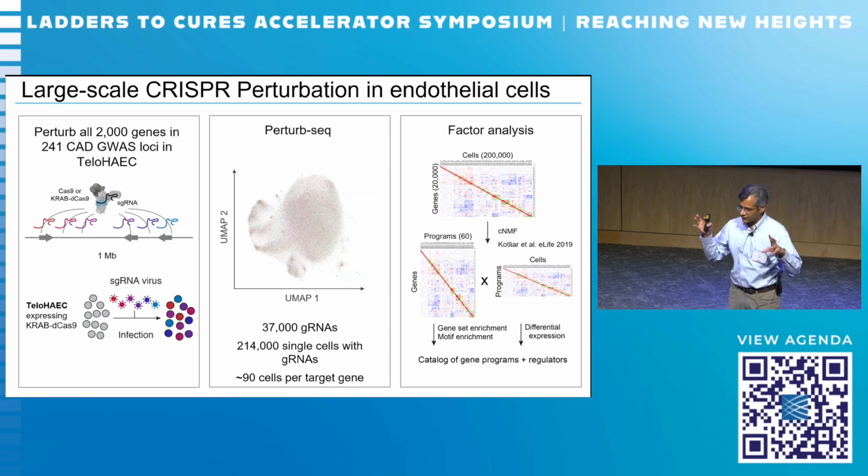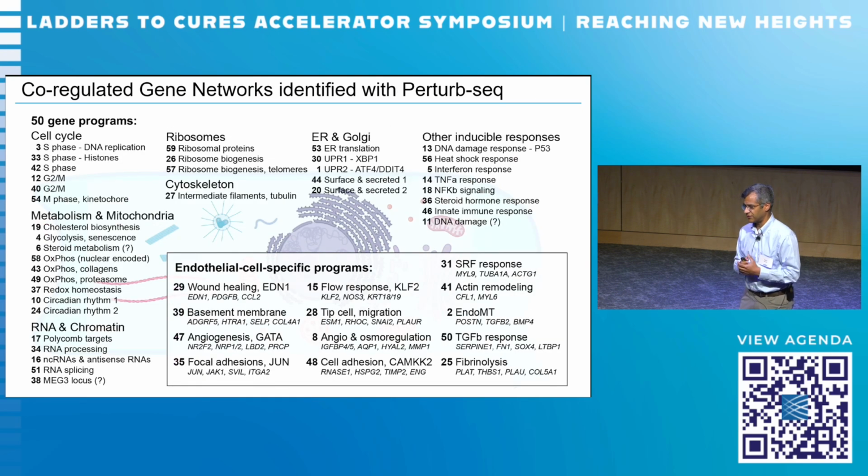And then we used methods that were developed in Pardis Sabeti's lab here to look for the co-regulated gene networks from this analysis. So you find, de novo, which genes have effects on which genetic programs in vitro. And here's what we call the wiring diagram of the endothelial cell that's analyzed de novo from our Perturb-seq data, right? No assumptions are made.